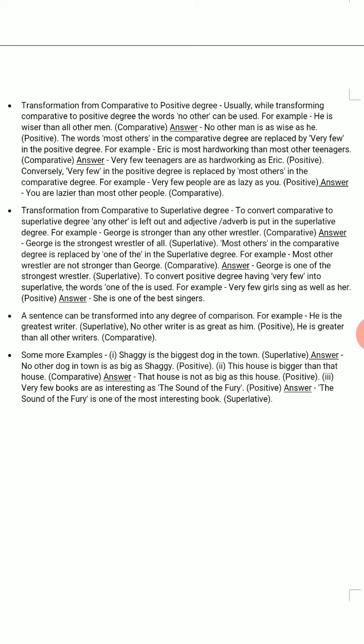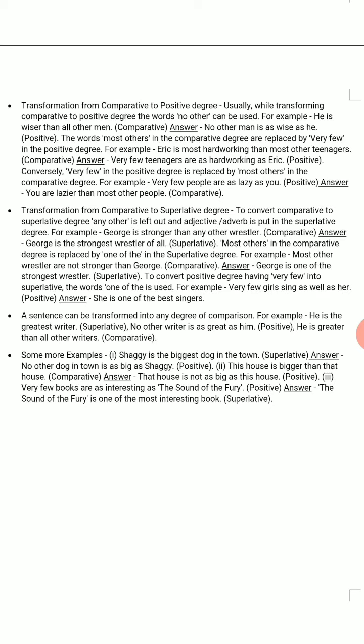Eric is more hardworking than most other teenagers. That is comparative. Answer: very few teenagers are as hardworking as Eric. So that is positive degree. Here we saw the change of "most other" in the question. From "most other" we changed in the answer to "very few."